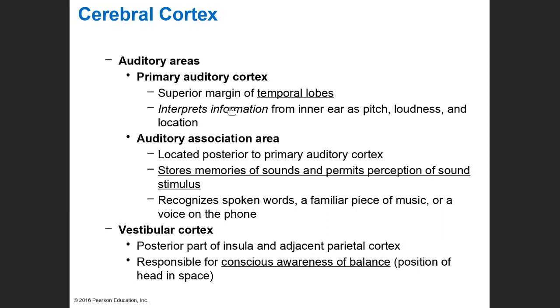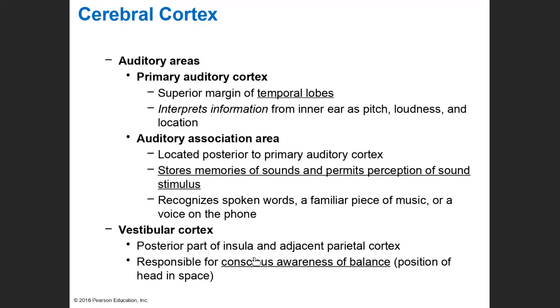We're going to be interpreting that kind of information in this primary auditory cortex. Just like all of the other major areas, we have an association area associated with it. And again, remember, association just means we're doing a little bit higher level processing of that sensory modality.